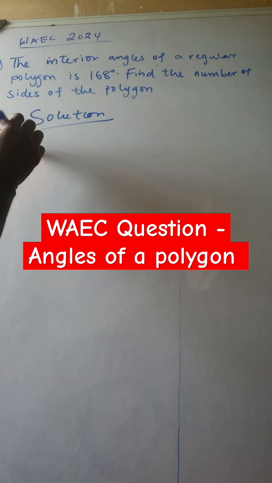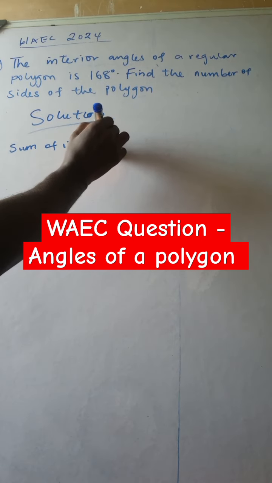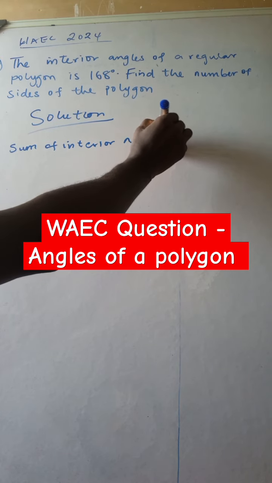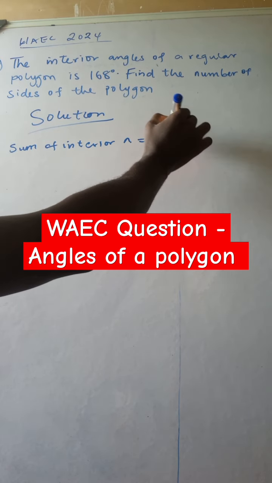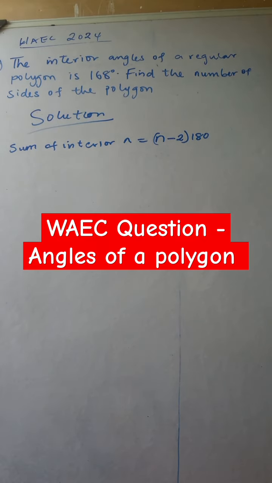I'm going to use the formula: the sum of interior angles is equal to n minus 2 multiplied by 180. That will be the sum, but we don't have the total of all the interior angles. What we have is just the size of one angle.